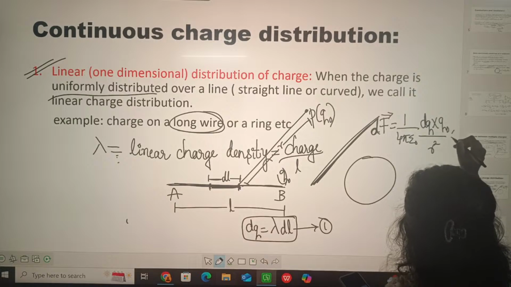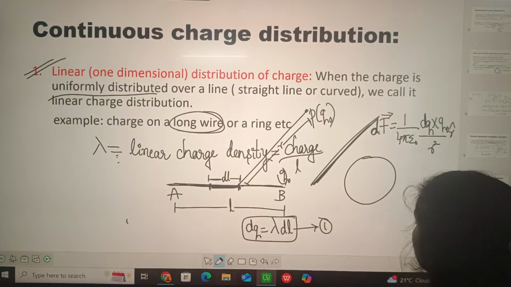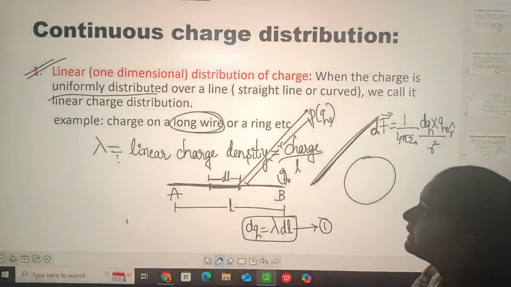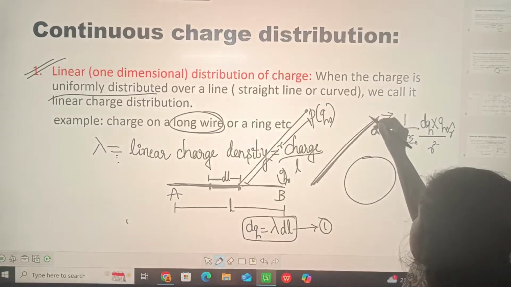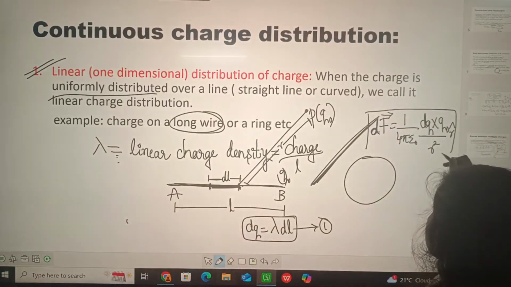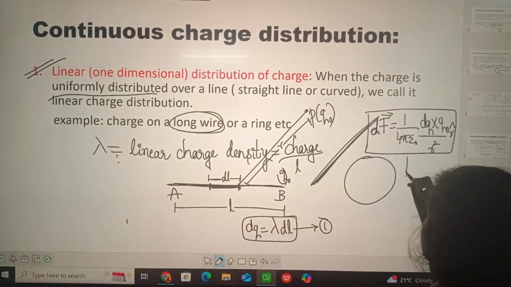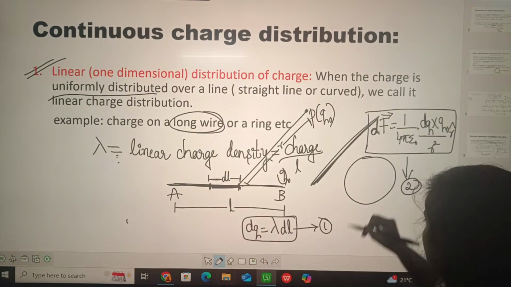In the vector formation it is r cube. This is the expression for the linear distribution of charge. This is equation number 2.